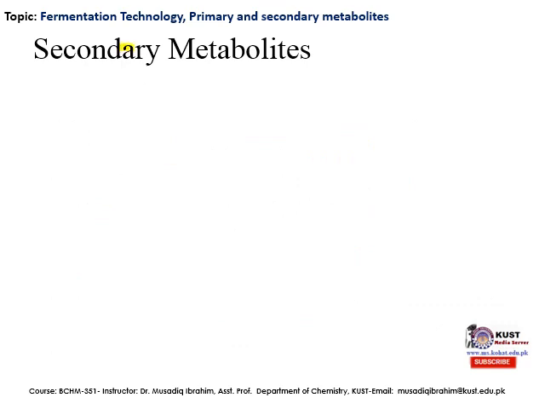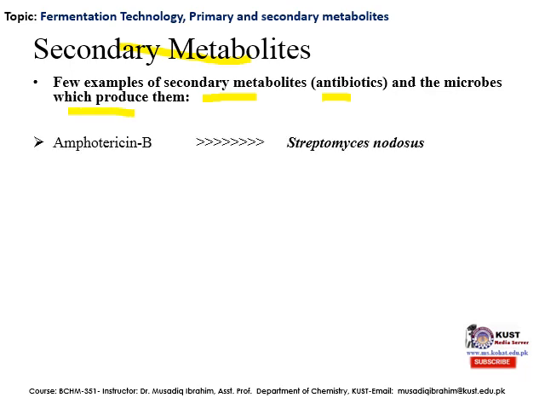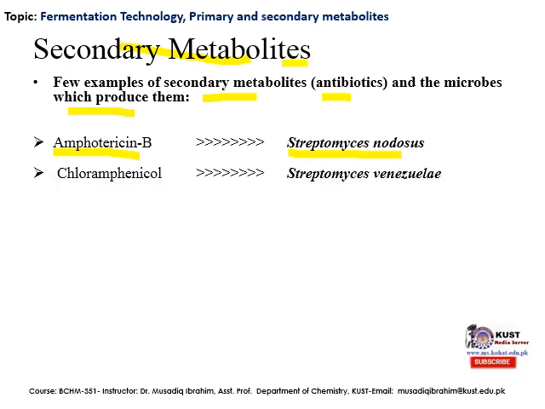Now, regarding secondary metabolites and their importance, a few examples of secondary metabolites in the form of antibiotics and the microbes producing them are given below. For example, the antibiotic amphotericin B is produced by Streptomyces nodosus as a secondary metabolite. Another example is chloramphenicol, a very famous antibiotic produced by Streptomyces venezuelae.